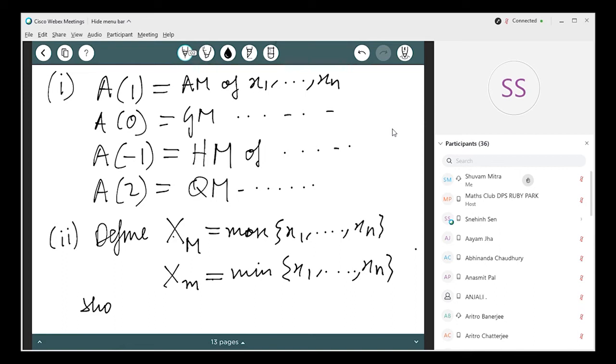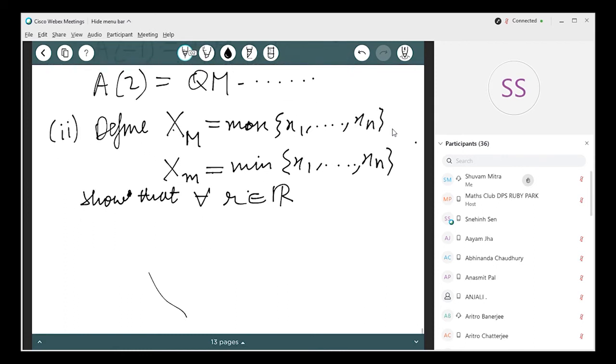Show that, for all r belonging to the real numbers, X capital M is greater than or equal to A_r, which is greater than or equal to X small m. So basically it lies between the minimum and maximum of our xi's.